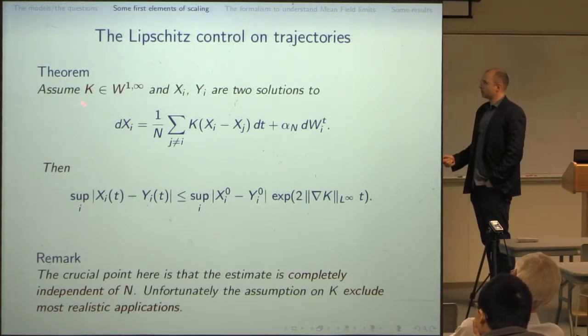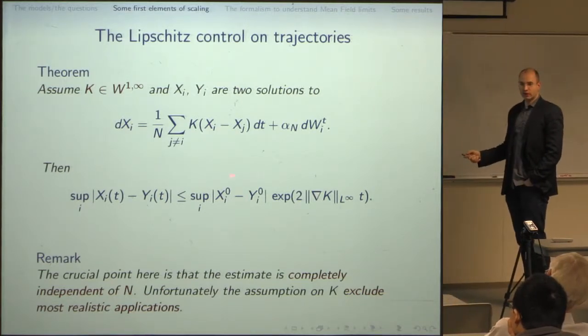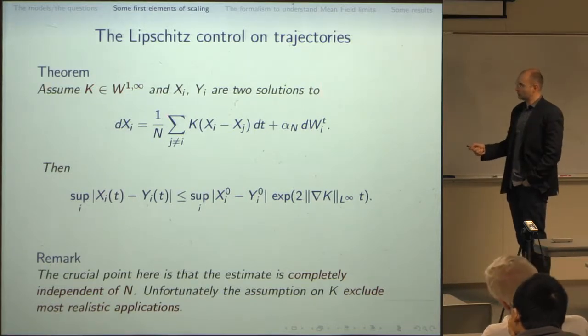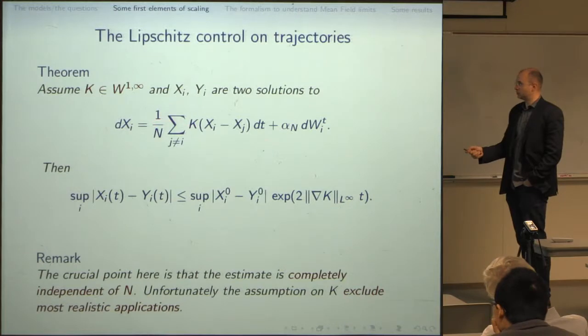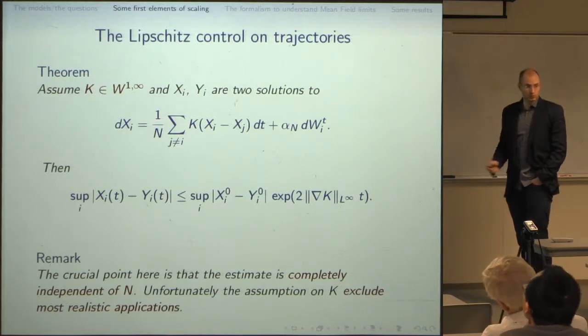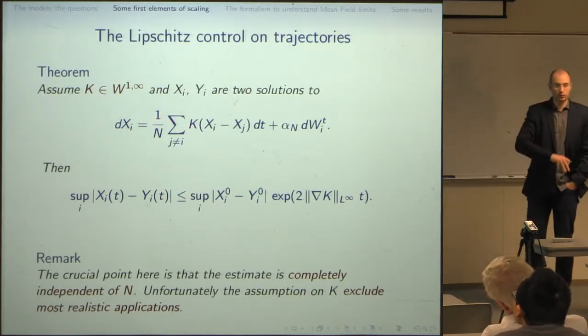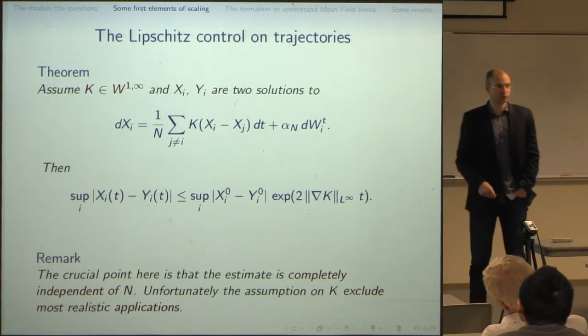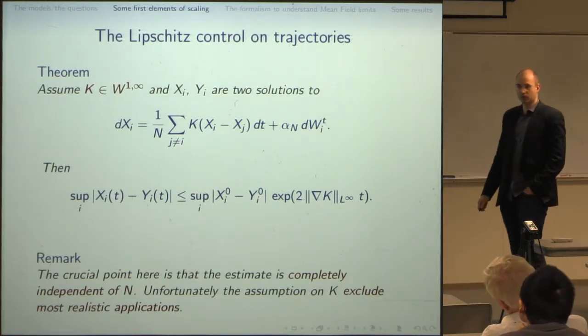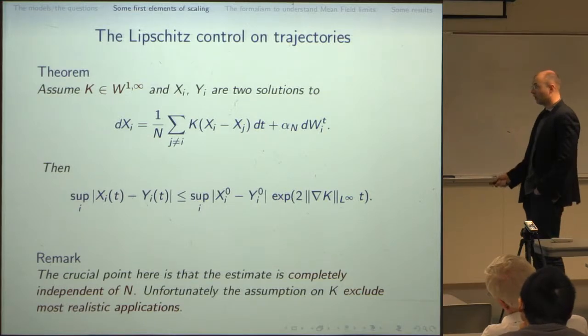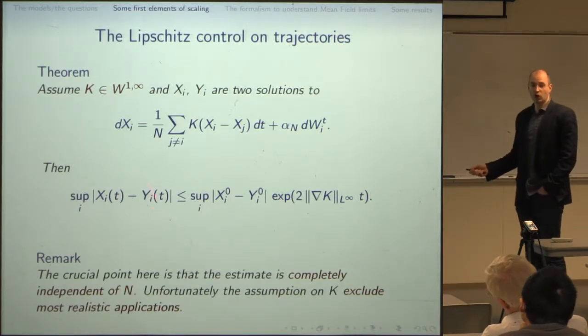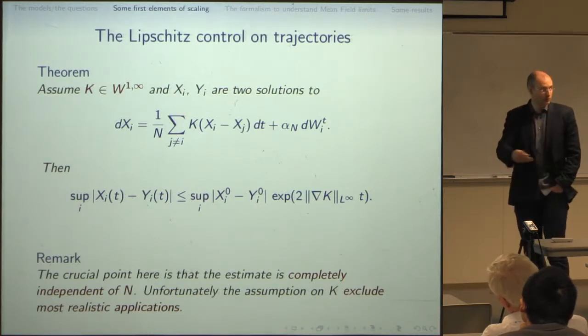All right. So let's go back to the Lipschitz case, and I'm going to show you a very nice theorem. I'm assuming that K is Lipschitz, and let's consider the macroscopic case with diffusion. I will give you a few examples, sometimes with diffusion, sometimes without diffusion, to show a little bit what's going on. Then I have a very nice control on each individual trajectory. Let's consider 2 solutions to the same system, which means that they simply have different initial conditions.